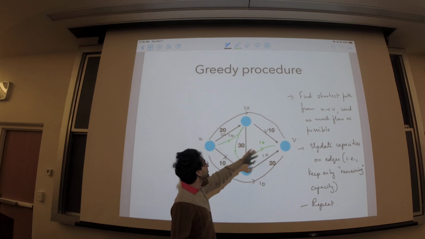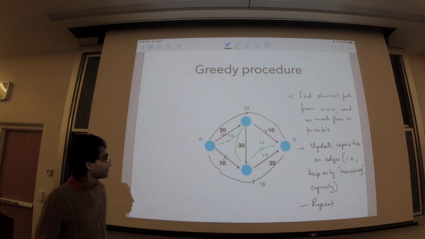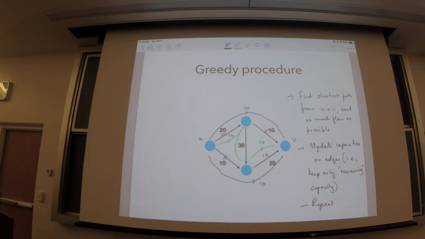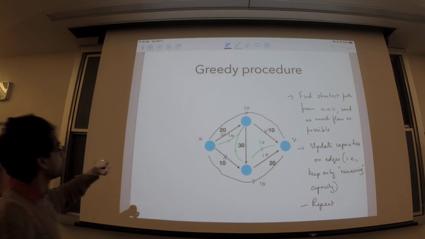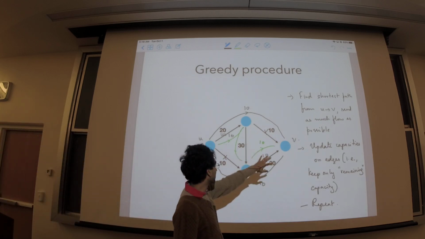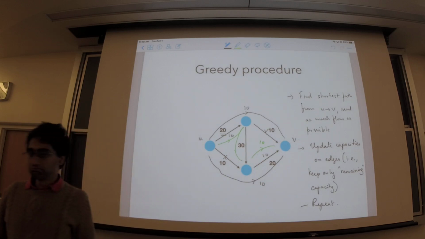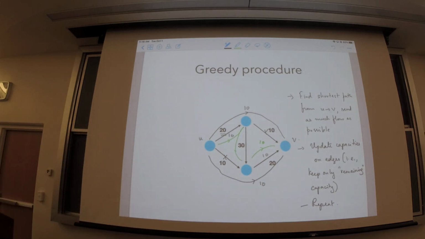But it may not be optimal in the sense that the algorithm may be stuck. When does the algorithm end? It ends when there is no path from U to V. So this is an algorithm that at least finds a feasible flow.